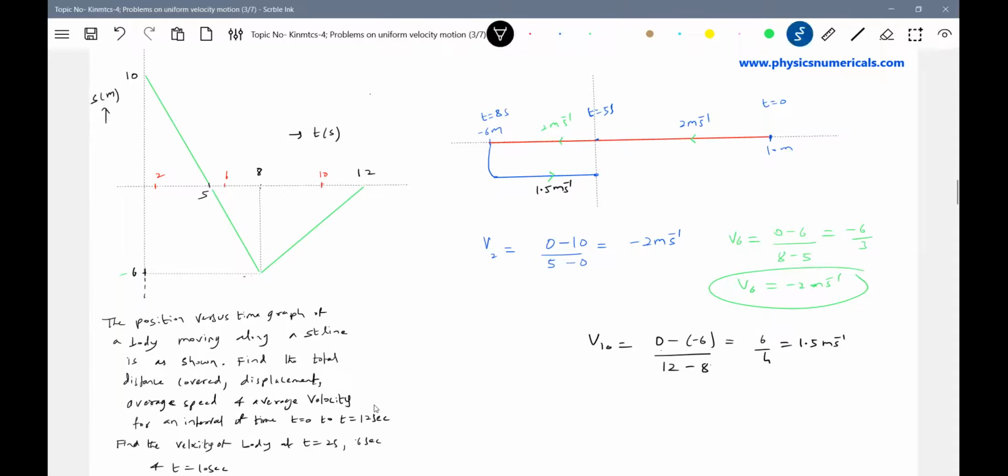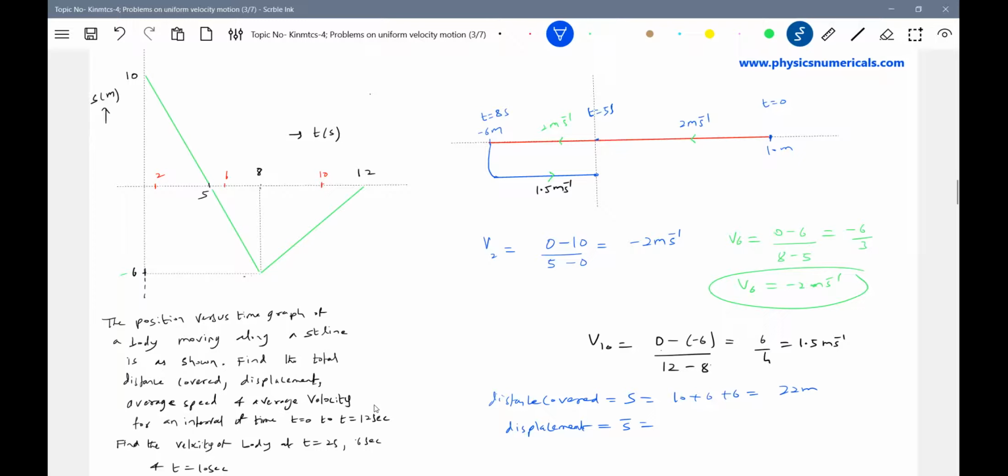So what is the total distance covered? Total distance covered should be equal to 10 plus 6 plus 6, 22 meter. Displacement: initially it was at 10 meter, finally it is at the origin.